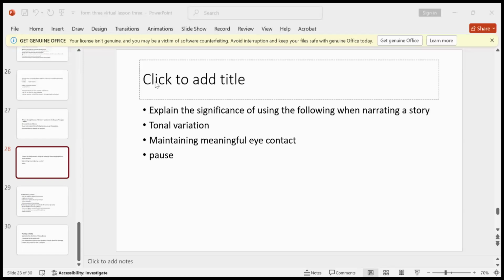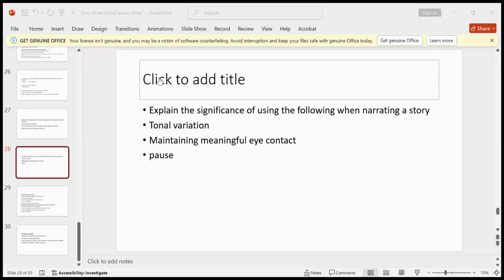Okay, thank you. Yes? Okay. Let's hear from Khalif again. It guides the reader's interpretation. Come again?